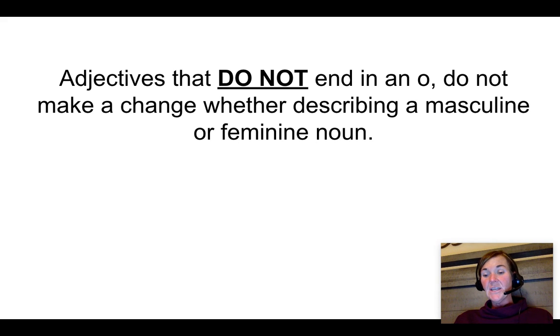Azul does not end in an O, so whether you're describing a masculine or a feminine noun, it's going to be azul. Like la camisa azul is still going to stay azul, or el pájaro azul, it's going to be azul because there's no change if it doesn't end in an O.